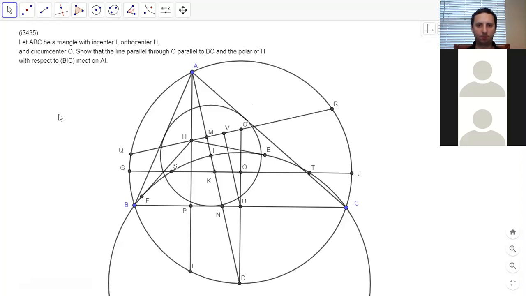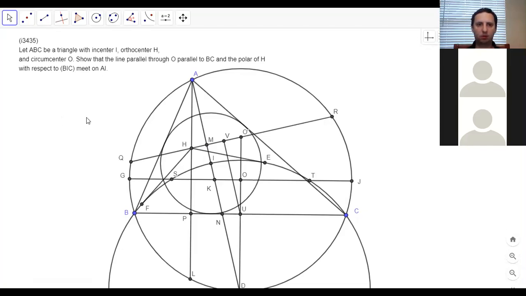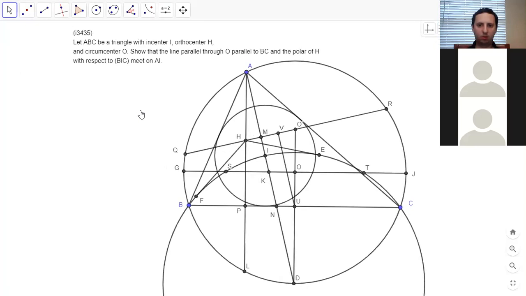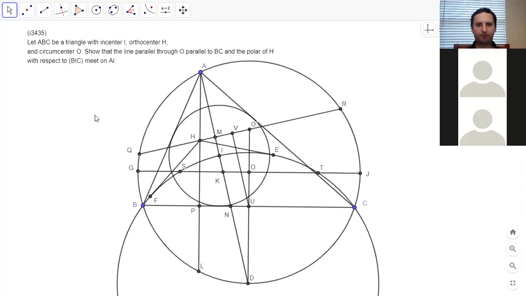Michael, I guess the length chasing you said can be done. I'm trying to do it now. I will tell when it is done. Can you hide some point? I think this is very confusing. Yeah. By EF. Yeah.